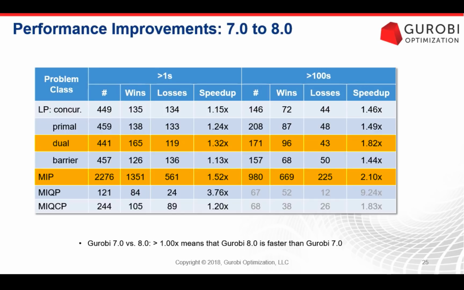So, for example, dual simplex on the models that take more than 100 seconds, an 82% average improvement in performance. And for mixed integer programming on models that take more than 100 seconds, more than a factor 2 performance improvement. And so we're talking some quite major performance improvements.